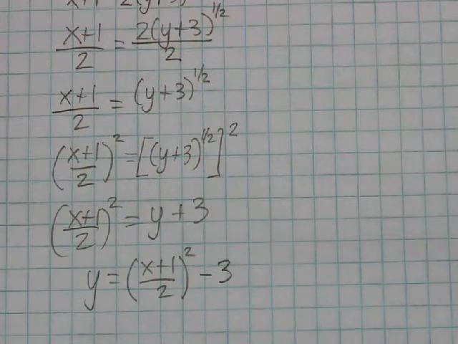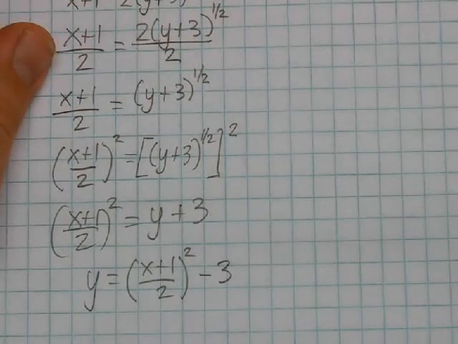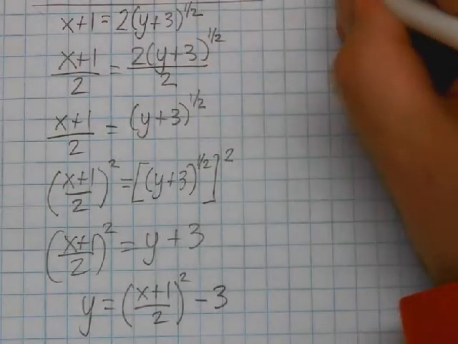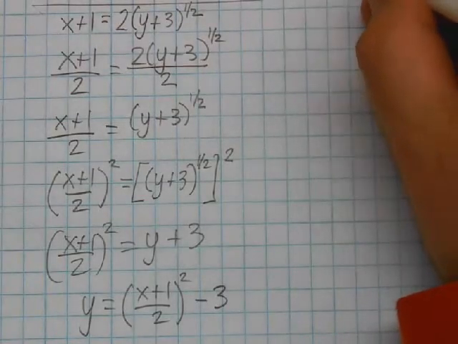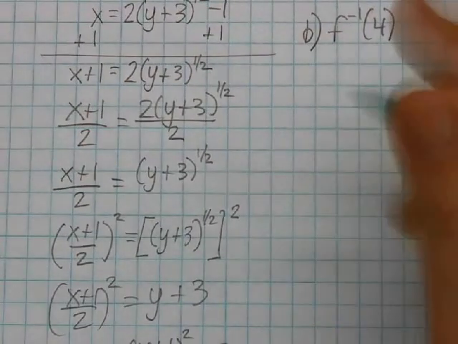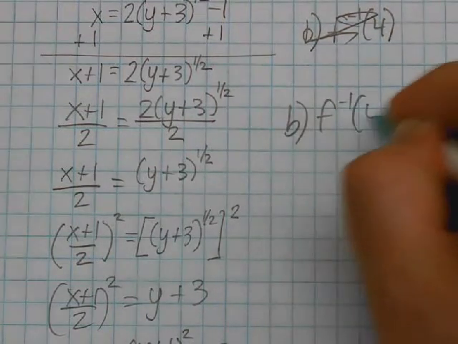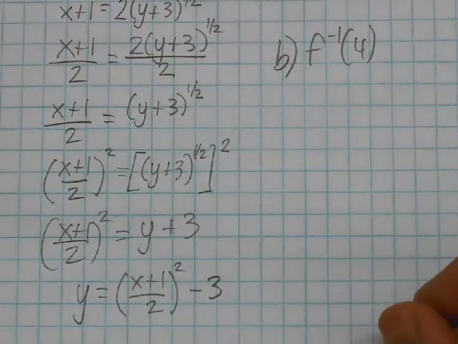So that's part A. Part B, I'll just write up here. It says find the inverse with an input of 4. Actually, let's write that down here so we can see the equation.